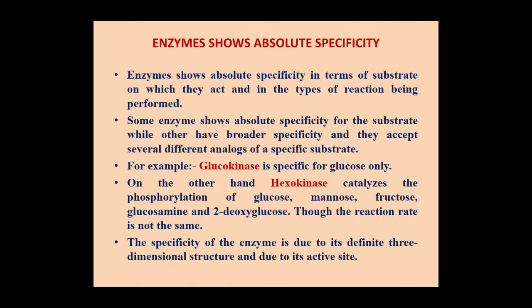For example, glucokinase is specific for glucose only. On the other hand, the enzyme hexokinase catalyzes the phosphorylation of glucose, mannose, fructose, glucosamine and 2-deoxyglucose, though the reaction rate is not the same. The specificity of the enzyme is due to its three-dimensional structure and its active site.